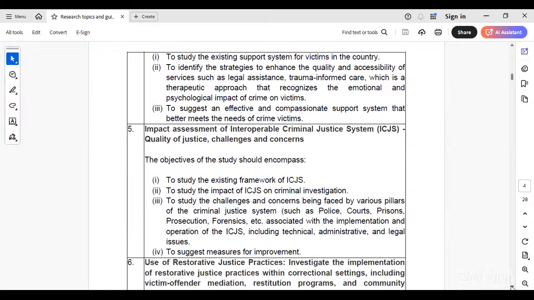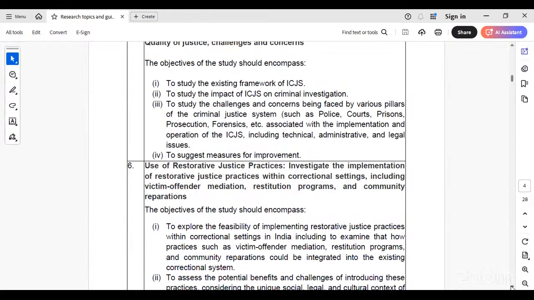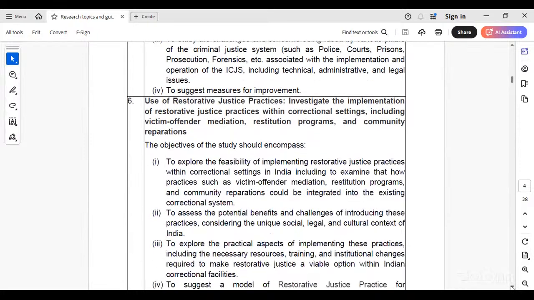Fifth one. Impact assessment of the interoperable criminal justice system, quality of justice, challenges and concerns. Next, use of restorative justice practices: investigate the implementation of restorative justice practices within correctional settings, including victim-offender mediation, restitution programs, and community reparations.